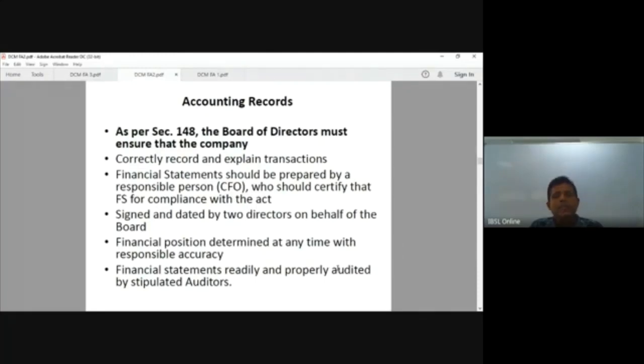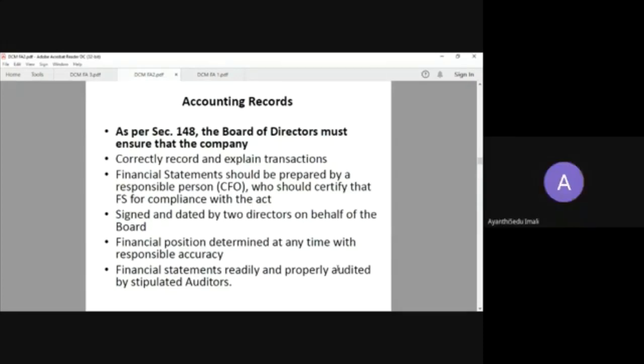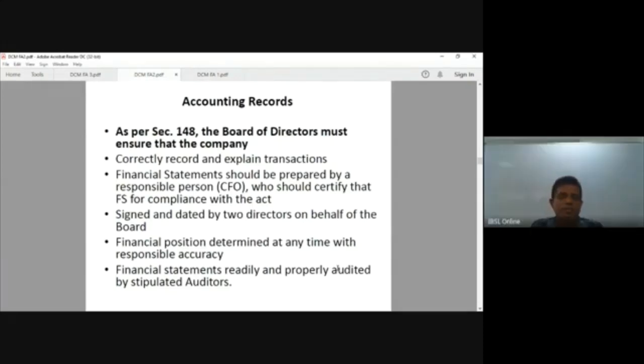If it is a company other than a bank, there should also be a proper way of collecting the accounting information and explaining those transactions in the books of accounts. That is a requirement under section 148 of the Companies Act. Then number two, the financial statements should be prepared by a responsible person, normally the Chief Financial Officer, the CFO, who should certify the financial statements for compliance with the Act, right?